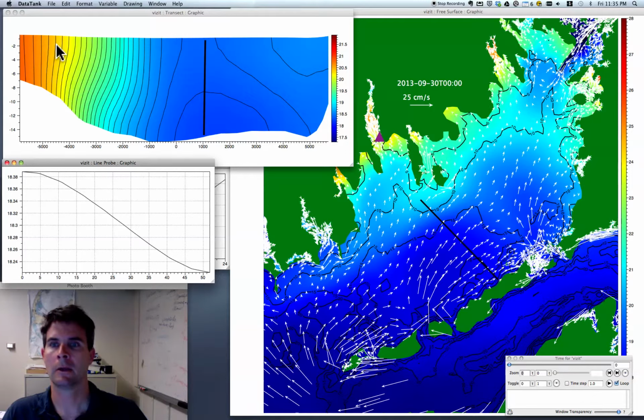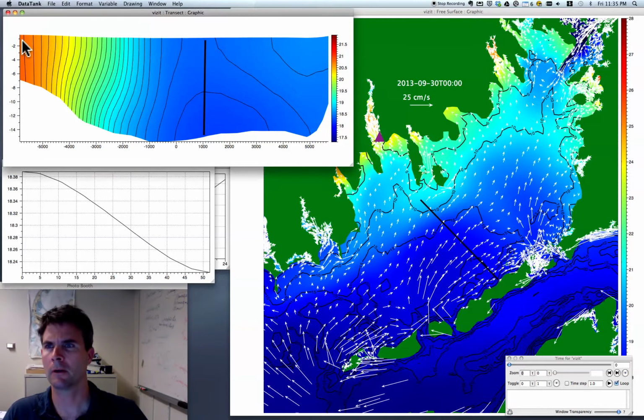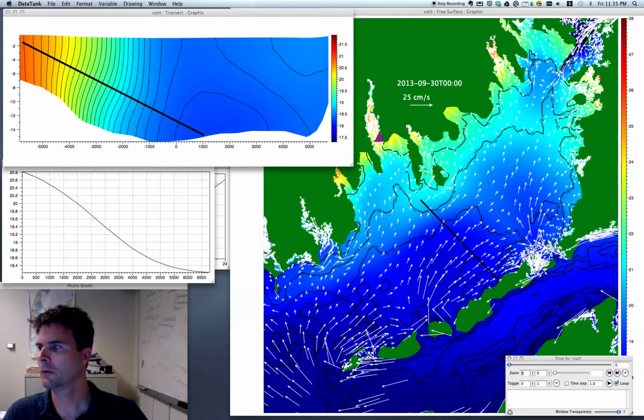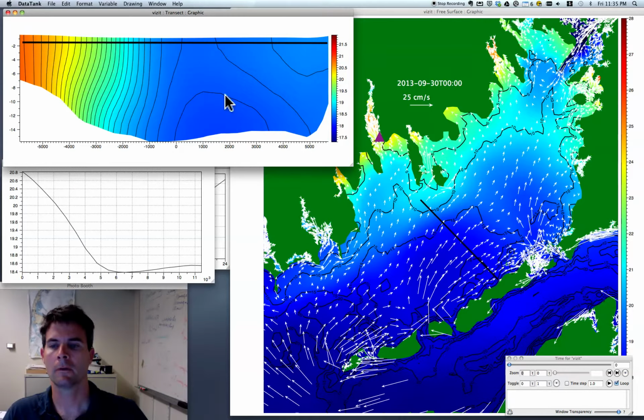I'm going to put a line across, roughly across the surface of the water. And so starting from here to the Elizabeth Islands near the surface, you see that the water gets pretty warm here at the coast and decreases rapidly to about 19 degrees and then stays in this sort of 18 range throughout most of the bay.